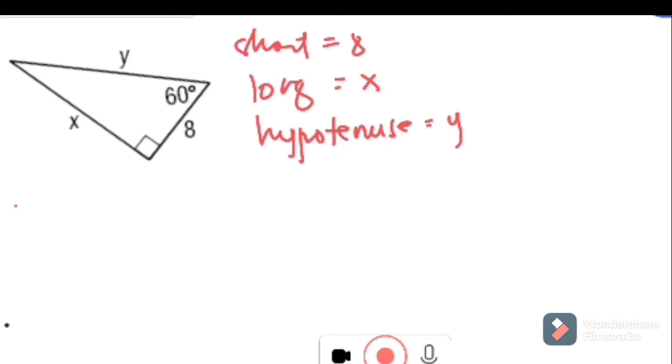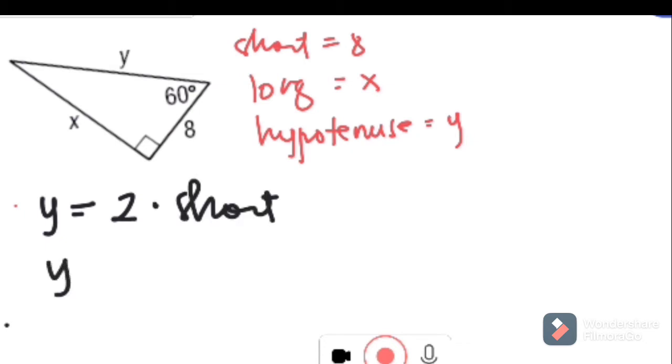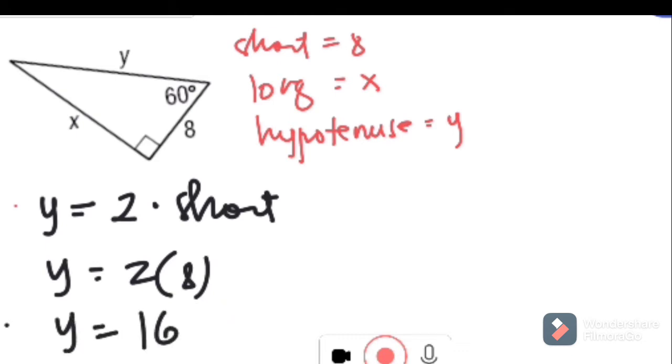So to find Y is equal to 2 times the shorter leg. So Y is equal to 2 times 8. So Y is equal to 16. The hypotenuse is equal to 16.